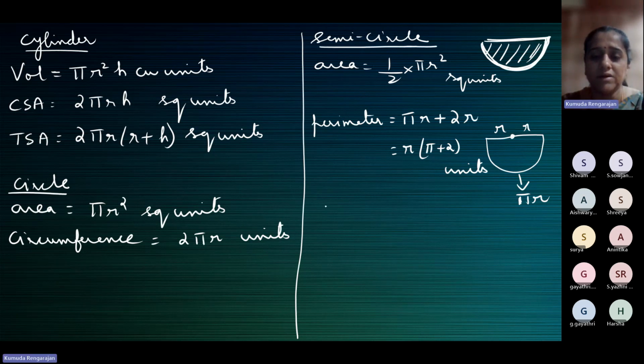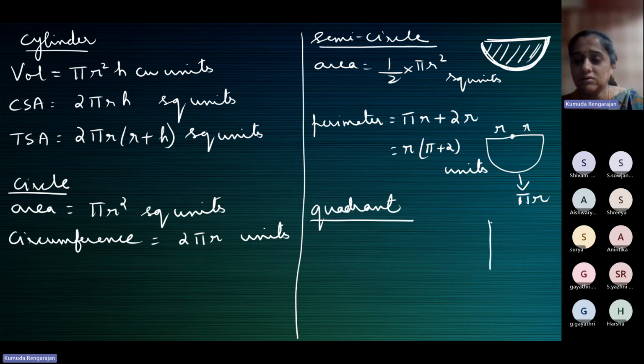Now, quadrant. A quadrant is a quarter circle. See here, like this. This is the center of the circle. This is a quarter circle.